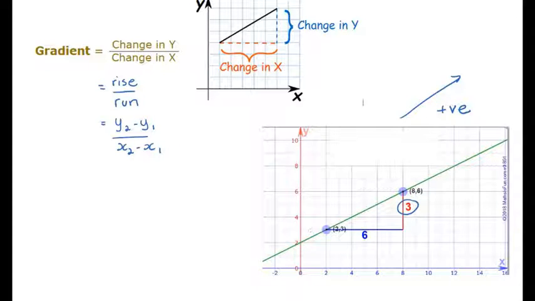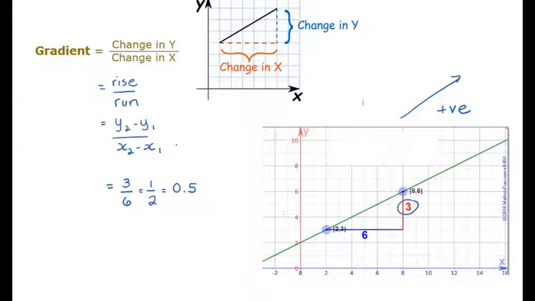We can see here it's gone from 3 up to 6, so my change in y is 3. My run, or my change in my x values, has gone from 2 to 8, so it's changed by 6. So 3 divided by 6 gives me a gradient of 1/2, or I could even write that as 0.5.